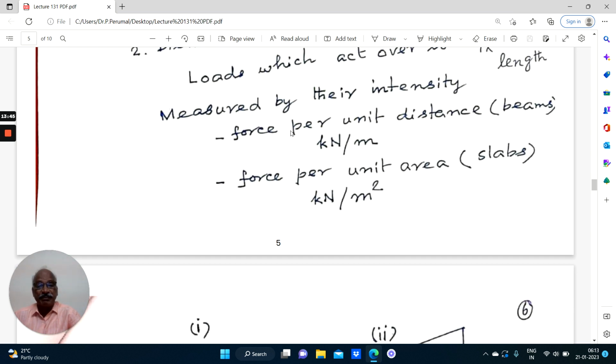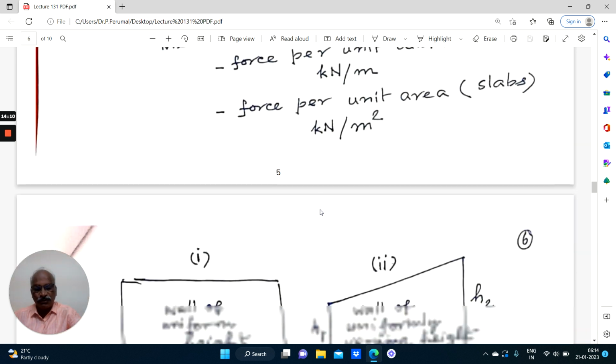If it is on a beam, it is kilonewton per meter, or Newton per meter or Newton per millimeter, whatever it may be, force per unit distance. If it is on an area, it is force per unit area, namely kilonewton per square meter. This is how we represent the unit for the forces.